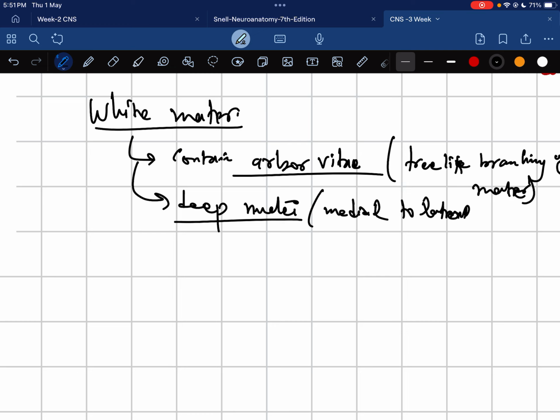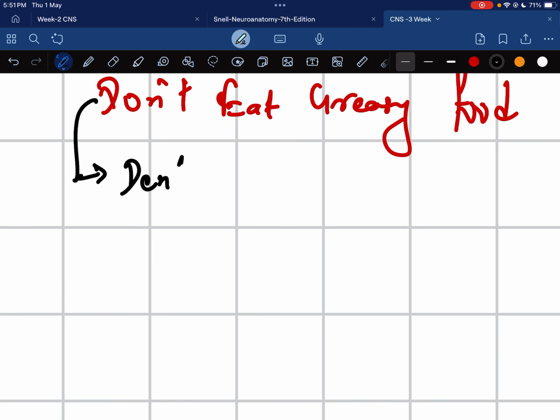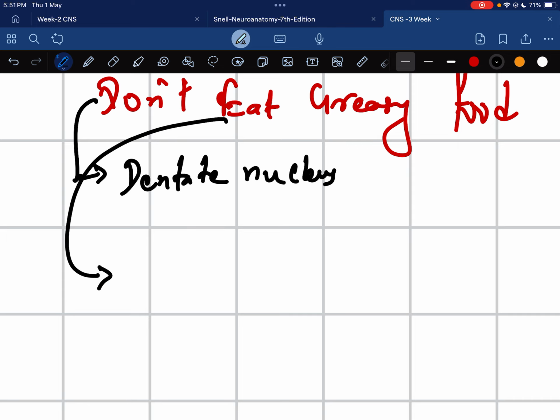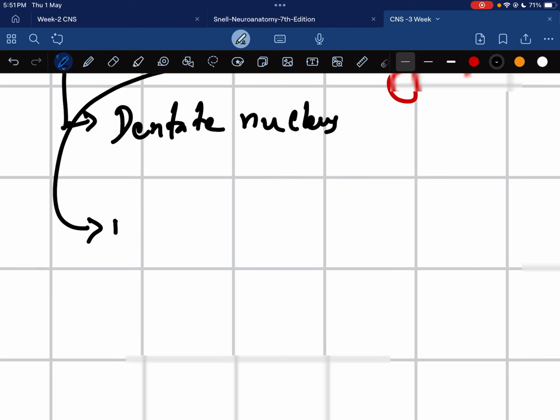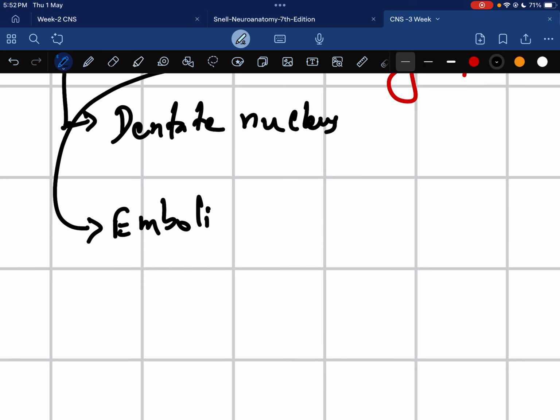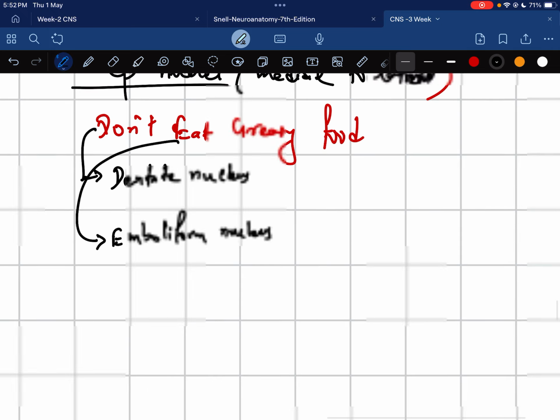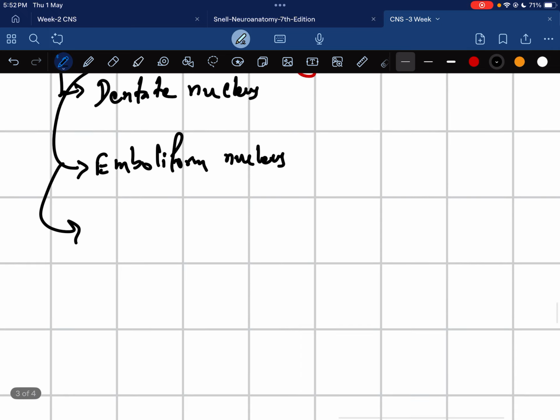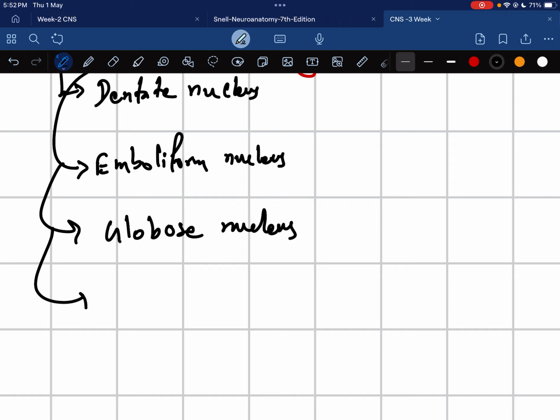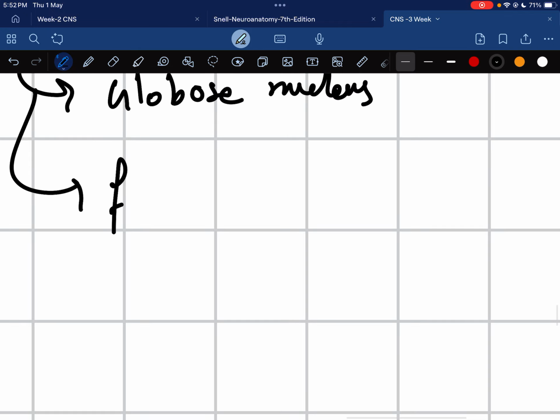When we apply this mnemonic, D is for dentate nucleus, E is for emboliform nucleus, G is for globose nucleus, and F is for fastigial nucleus.